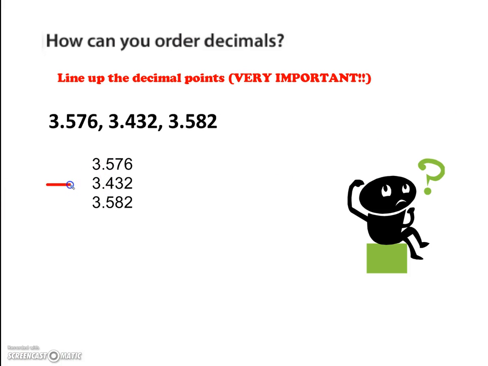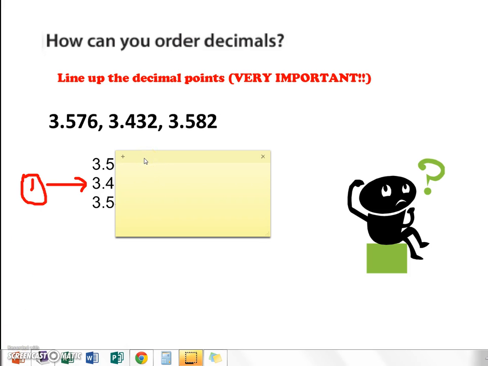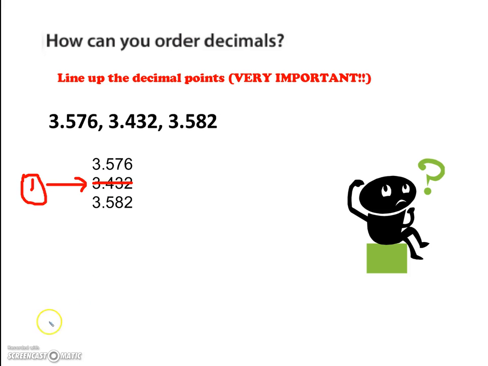So this one is the smallest, so I'm going to say that one is number 1. Next, I can't tell which one is next yet because this has a 5 in the tenths place, this has a 5 in the tenths place, so I move it over. Well, I don't want to get confused, so I'm going to cross this one out temporarily.